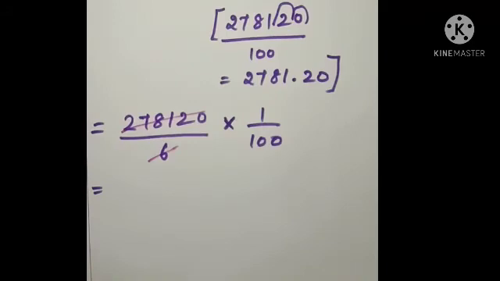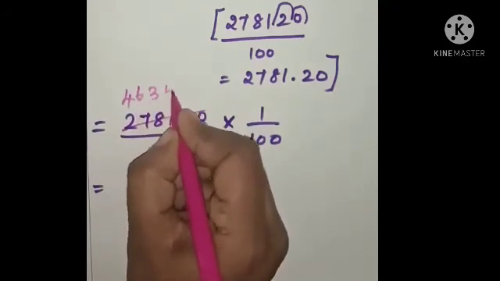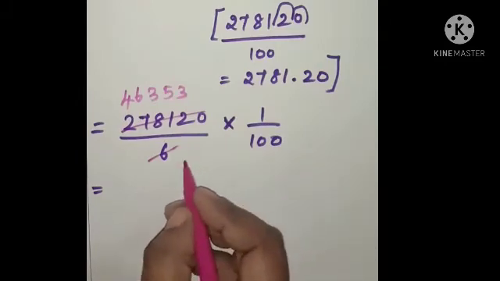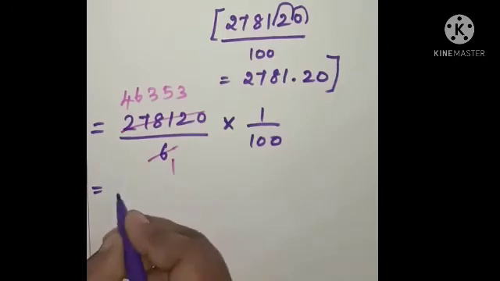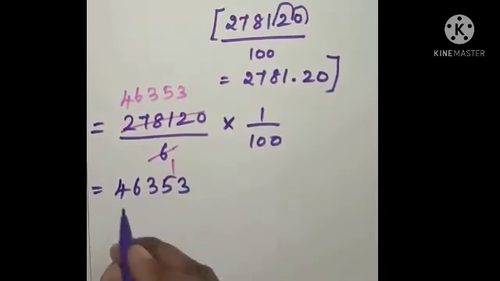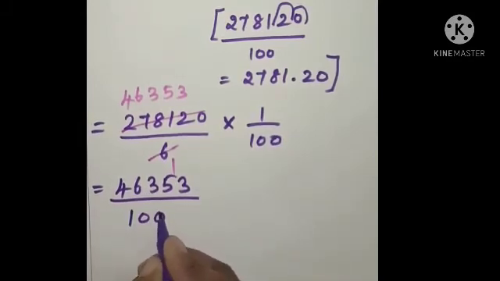You divide the numerator by 6. You get 4, 6, 3, 5, 3. Now, children, listen carefully. 4, 6, 3, 5, 3 in the numerator, and it is divided by 100.